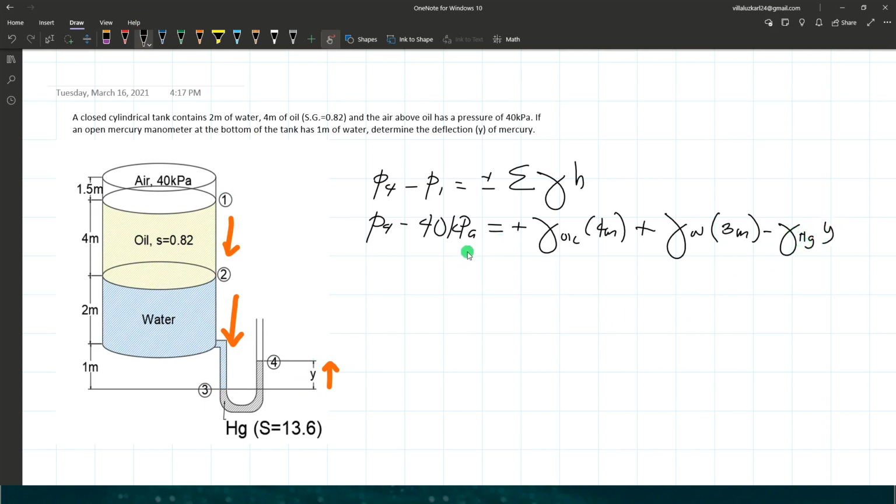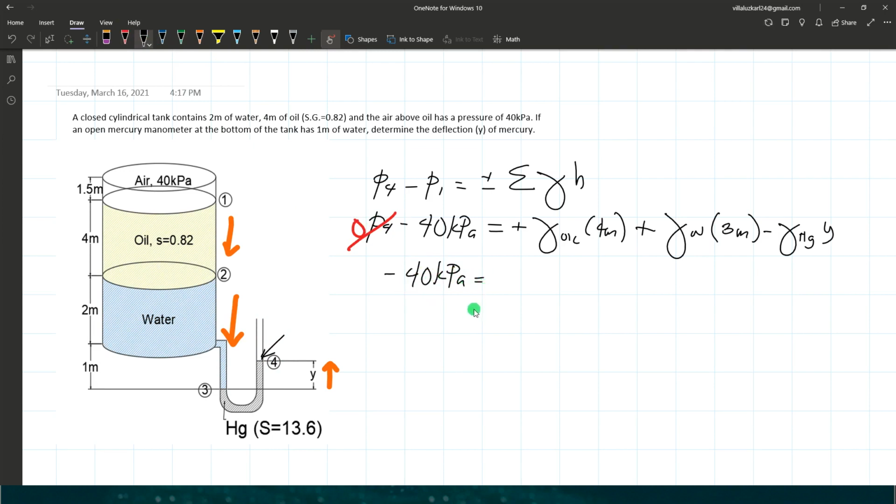So we put Y here. So the pressure at point 4, that's the free surface of the mercury. So it has no pressure there. There's no external pressure present above point 4. So that's equal to 0. We're concerned here with gauge pressure. So this is 0.